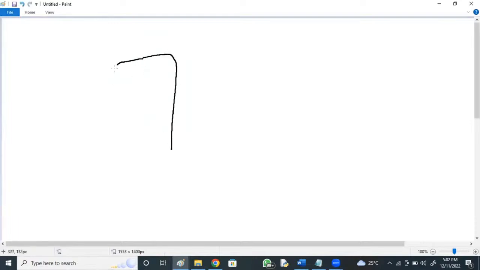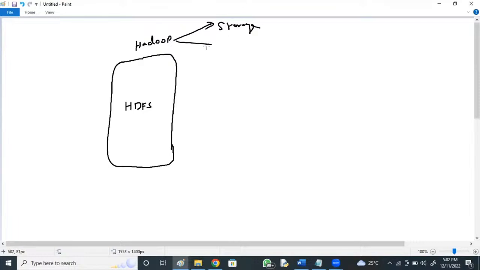This is your HDFS, Hadoop distributed file system. We say big data Hadoop, right? Hadoop has got HDFS. Hadoop is meant for two things: storage and processing.